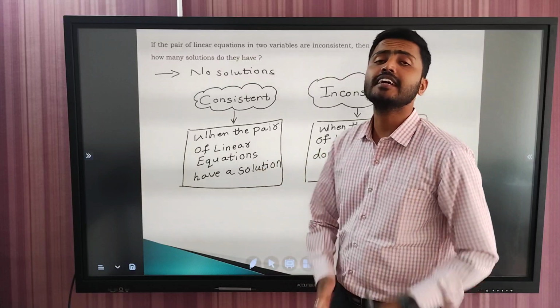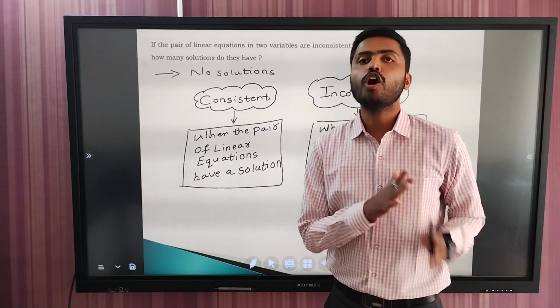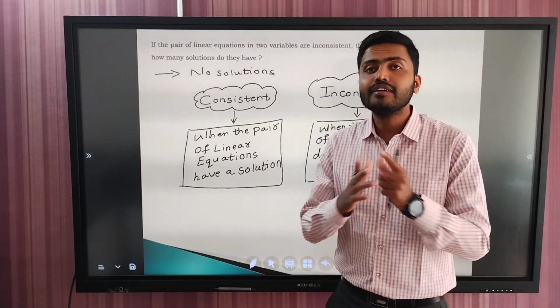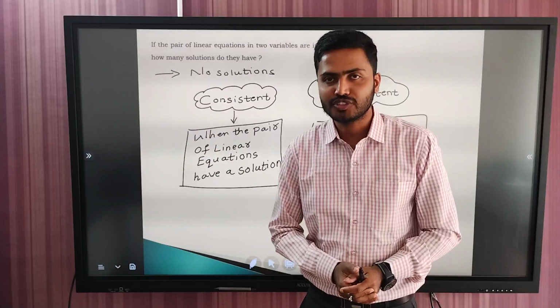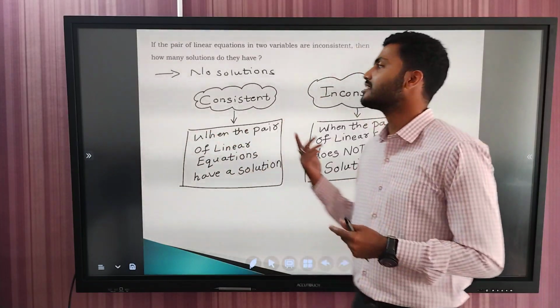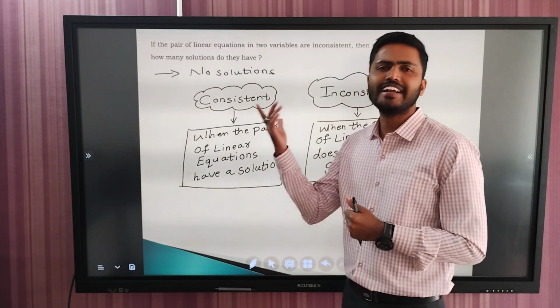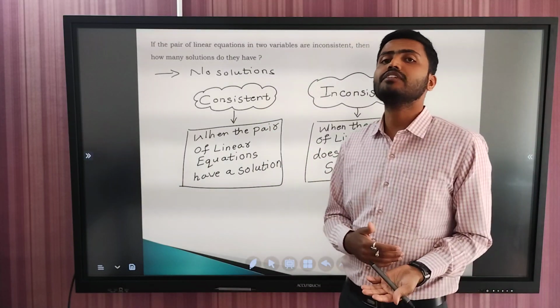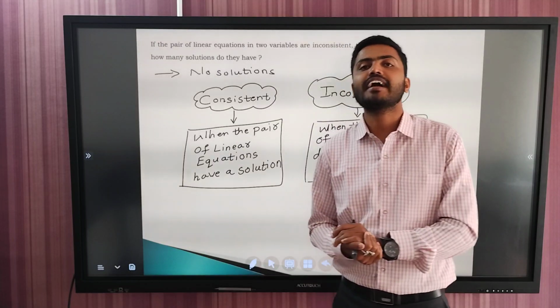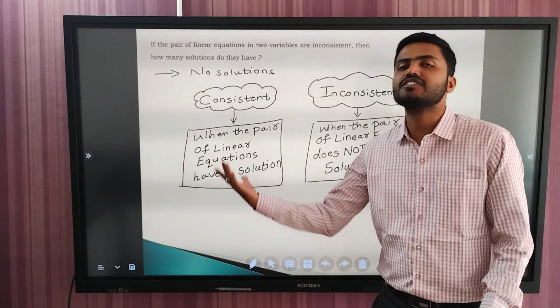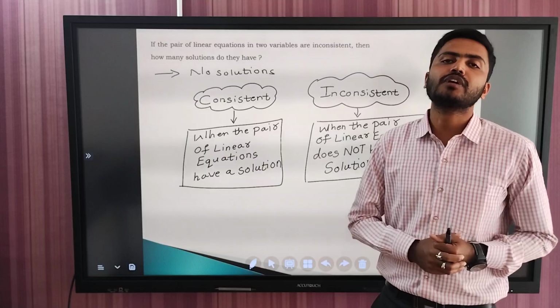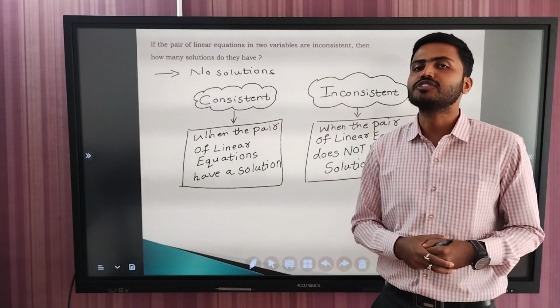If they are consistent, I can have a unique solution, or else I can have infinitely many solutions. Correct? But if they are inconsistent, they do not have a solution. Okay, so this was a very interesting question, and you can now differentiate which pair of lines are going to have consistent solutions and which pair of lines are going to have inconsistent solutions.